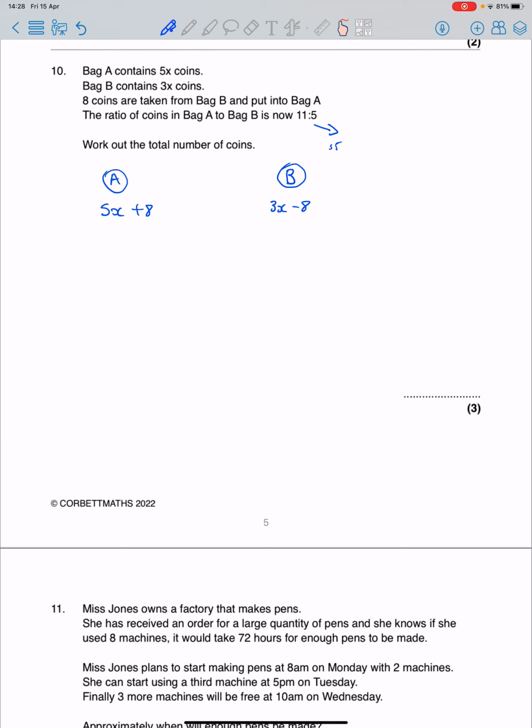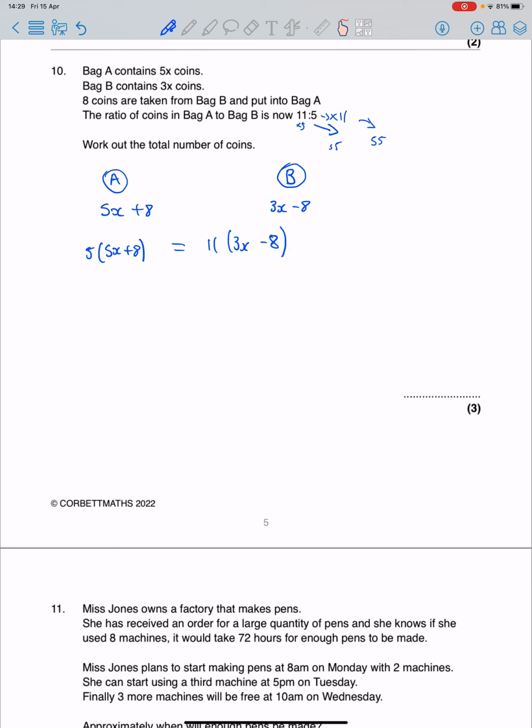And if you took the contents of bag B and multiplied it by 11, that also gives you 55. And the idea is that they would both be equal. So we can make an equation like that. So if we take the contents of bag A, which is 5x plus 8, times that by 5, so 5 lots of 5x plus 8, that would equal 11 lots of bag B, which is 3x minus 8.